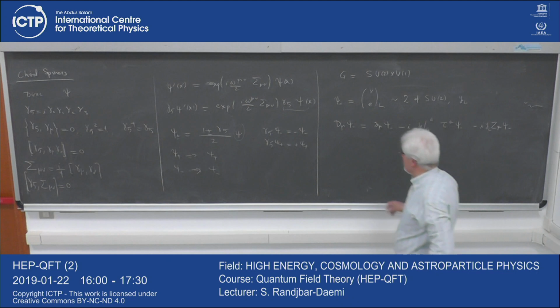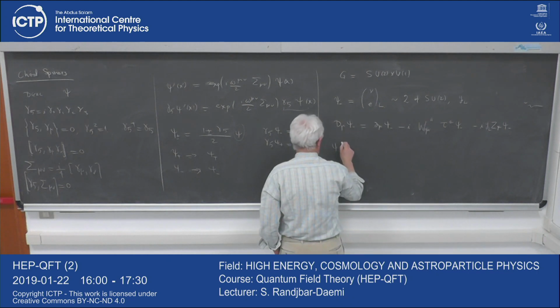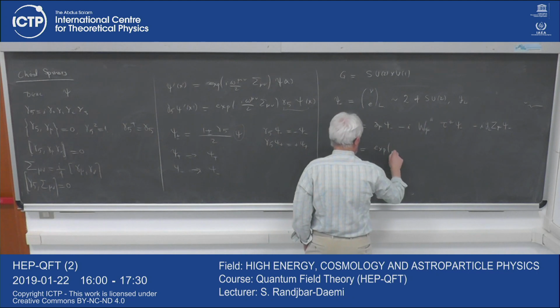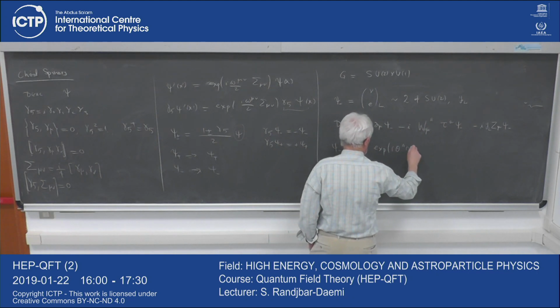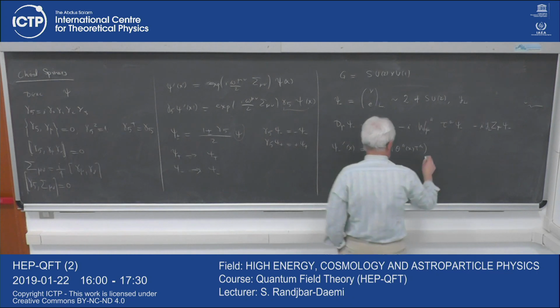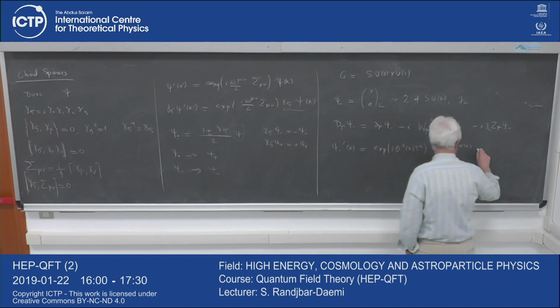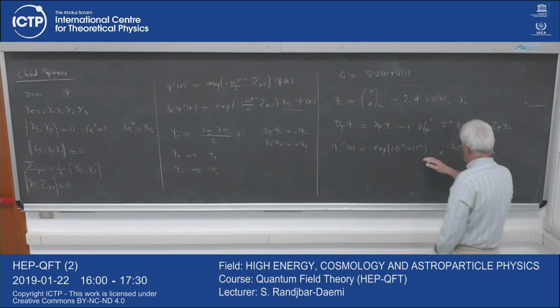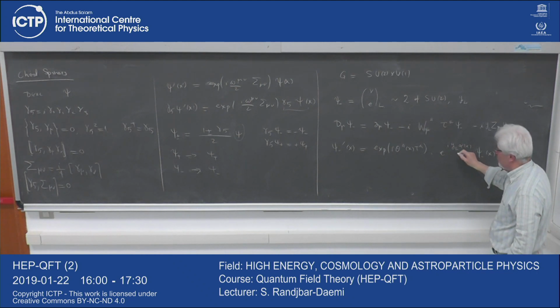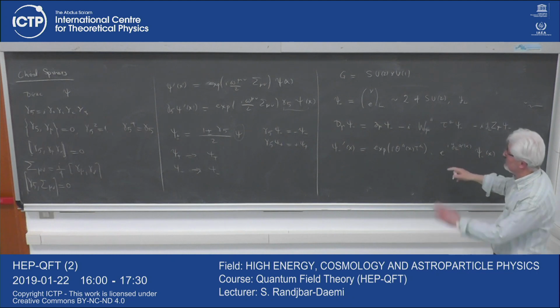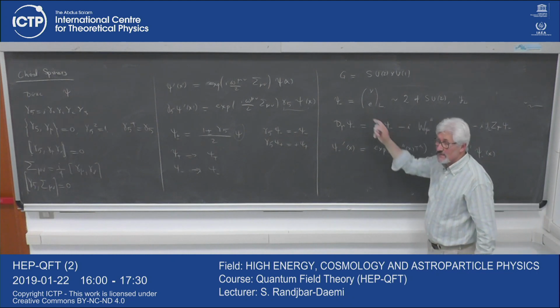So this object under SU2 times U1 transforms in this way. That's its explicit transformation property under SU2 cross U1. This acts on the doublet indices of psi minus, and this acts only as a phase in each one of these fields.